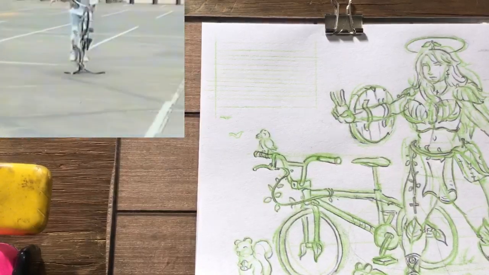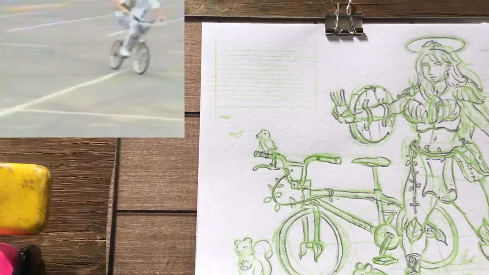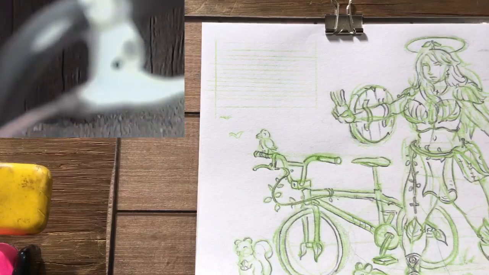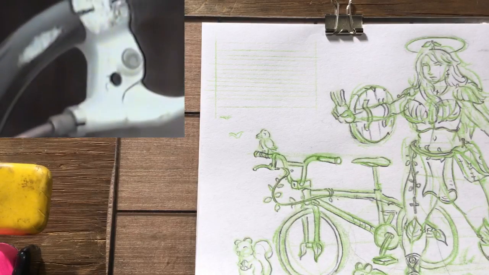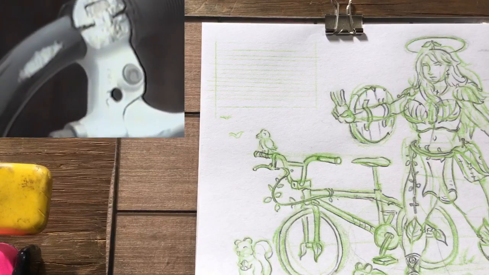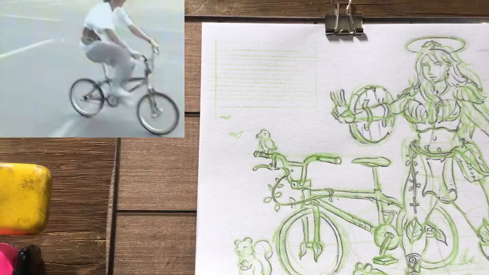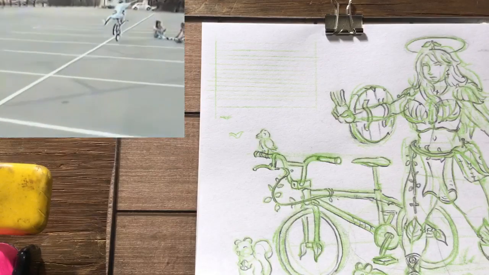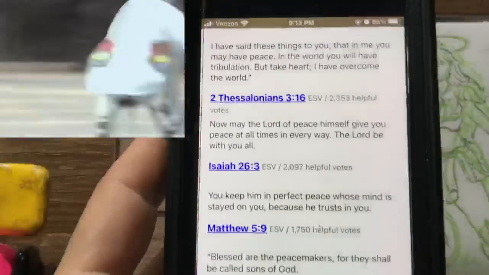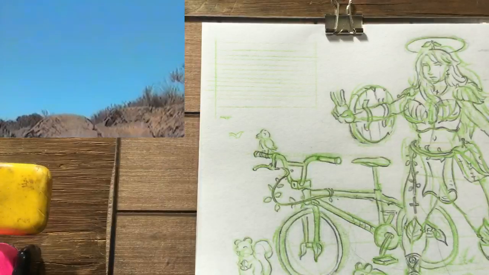I guess let's look up some peace verses then. Peace Bible verses. Let's read some of these verses.